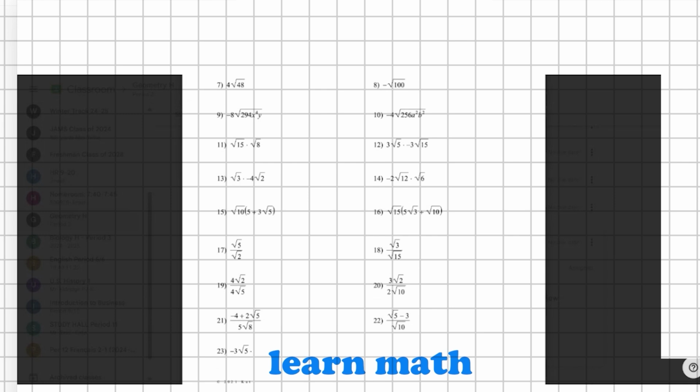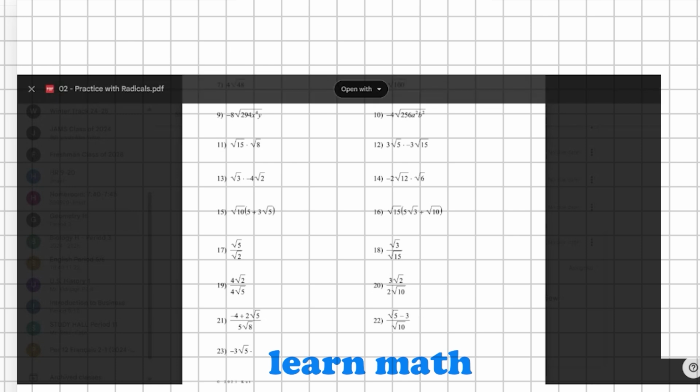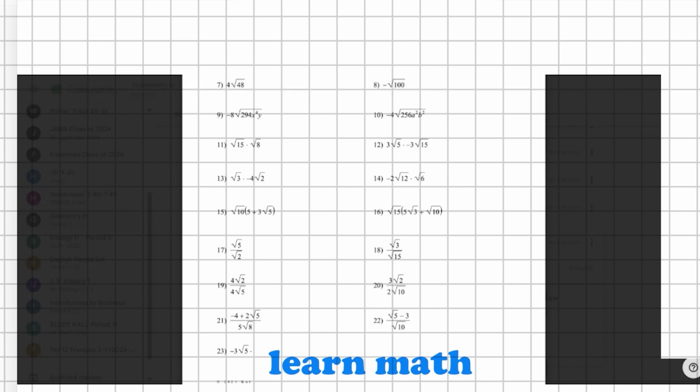Negative 8 times 200. It's this radical 294 x to the power of 4 and y. So 294.